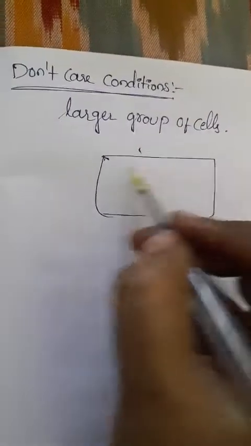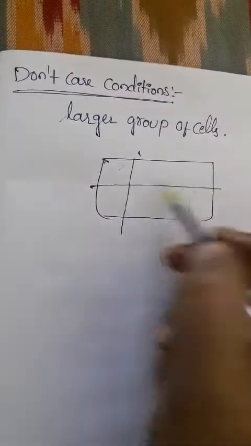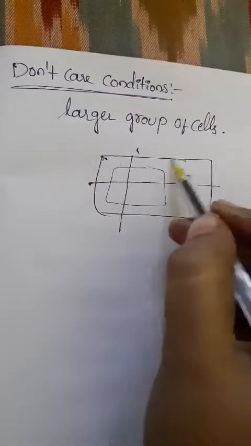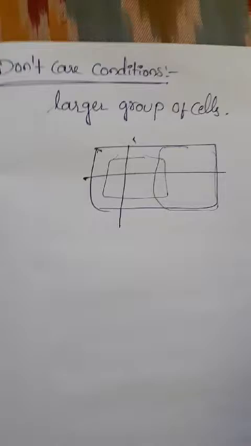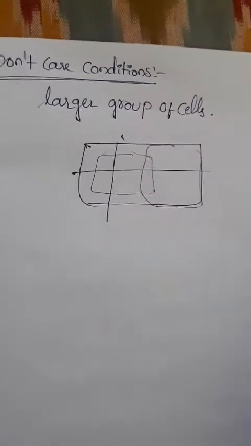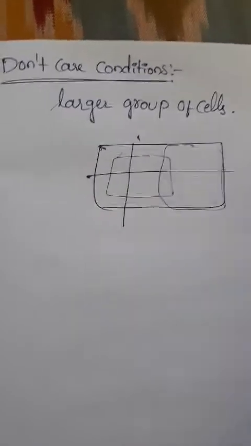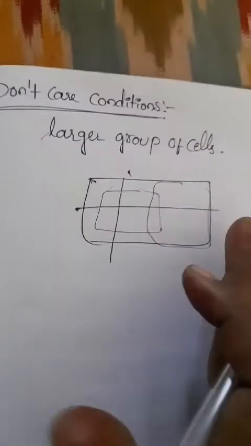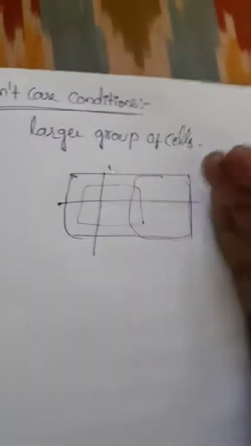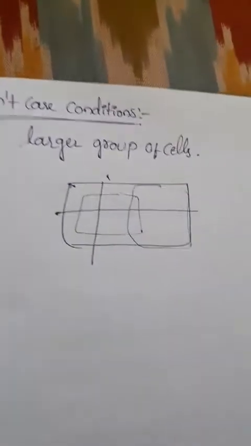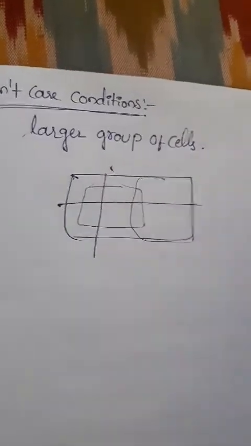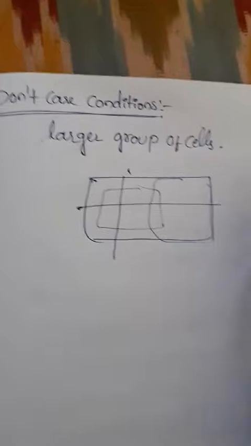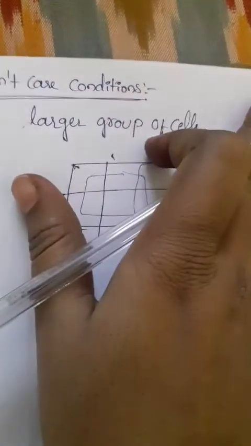Larger group of cells means it helps in forming a quad or an octet. Mostly it forms the larger group of cells, combining maybe 4 cells or maybe 8 cells, not singles and not doubles. It tries to group more number of cells. Okay, so that is the use of don't care conditions.